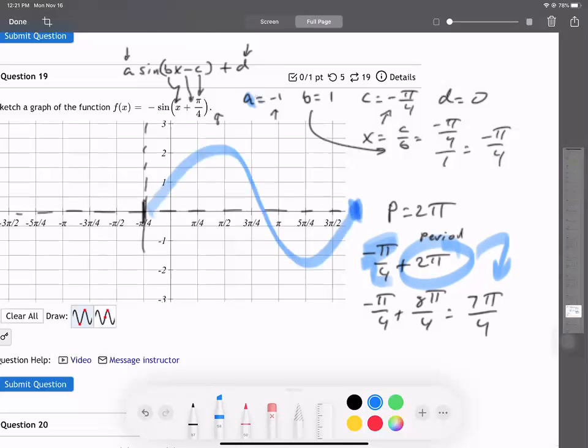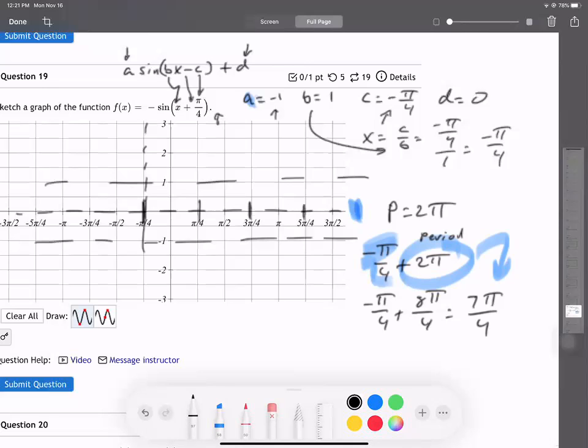We see one graph by 7 pi over 4. Now the last part here is the A value, which is negative. Our half, half, and half. So half of this is here, just so we have our spacing. Our A value is -1, so up by 1, down by 1. And since this is a negative, we go down first.